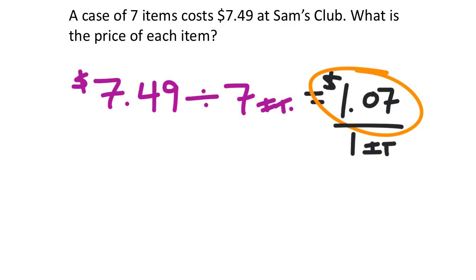Maybe I'm not explaining that very well, but another way to look at it is the very foundation of what division is, and that's how many times something goes into another. So this one would be asking how many times 7 goes into $7.49. And that would tell you how many dollars one item is.